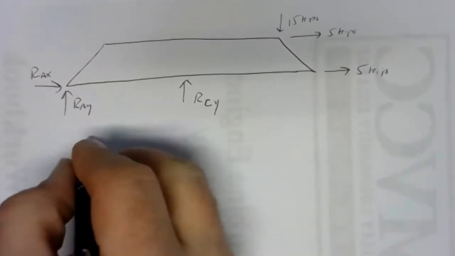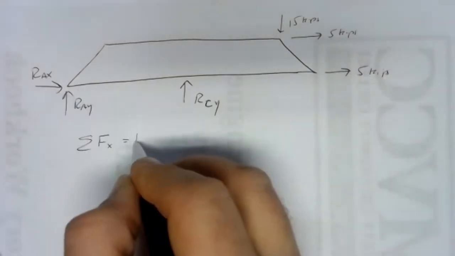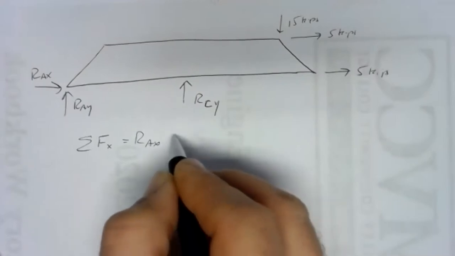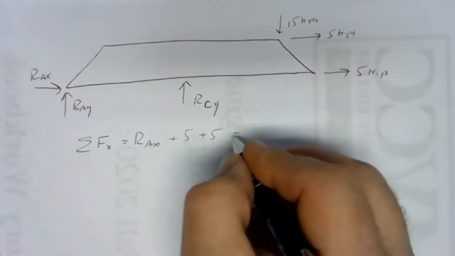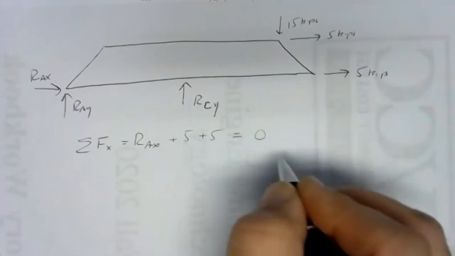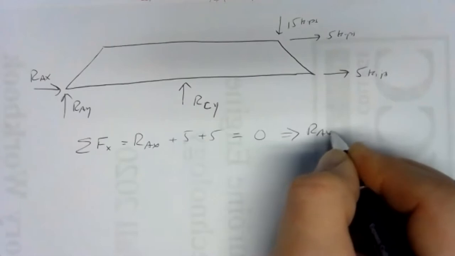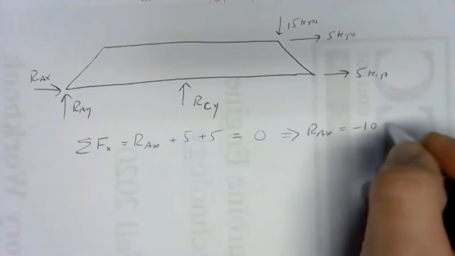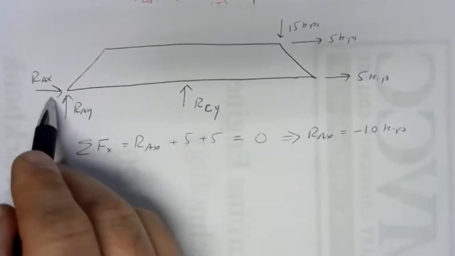So sum of forces in the x direction, we have RAX positive. We've also got a positive 5 and a positive 5. So that equals 0. So RAX is a negative 10 kips. The negative there means we assumed the wrong direction.